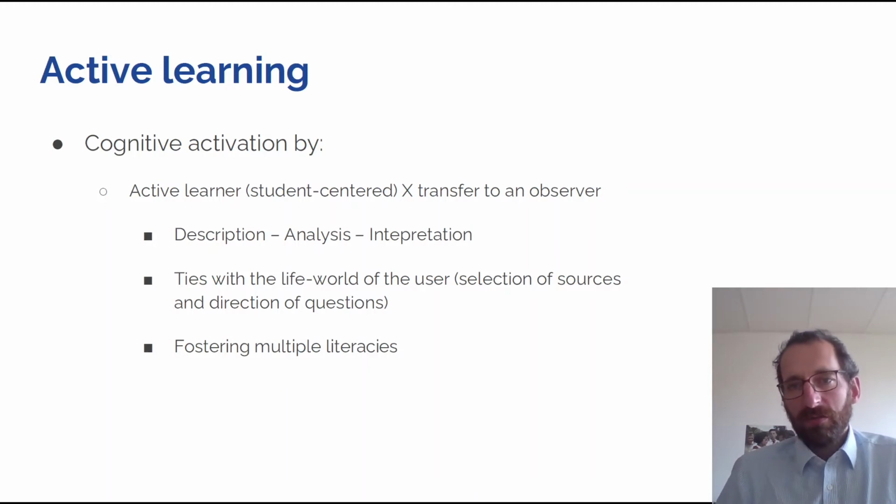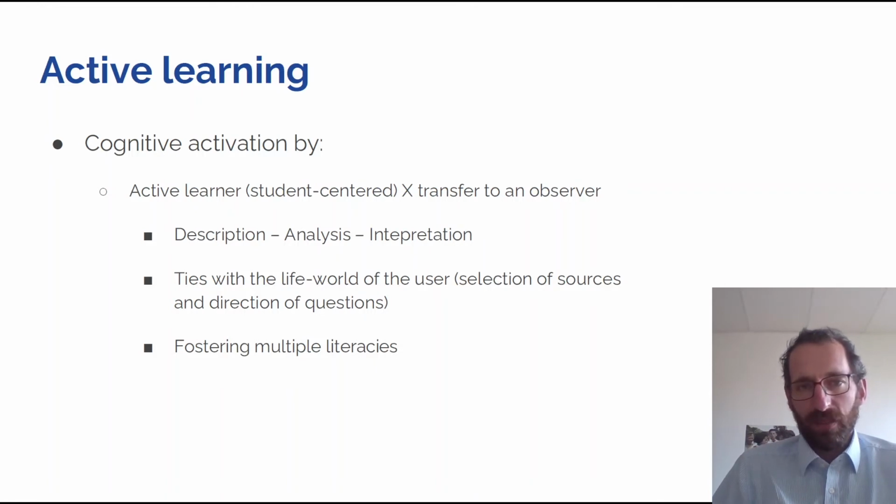We tend to be student-centered and not to just transfer information, ready-made conclusions, to the observer. That's why we are asking the user to go through a process of description, analysis and interpretation in each of the steps.